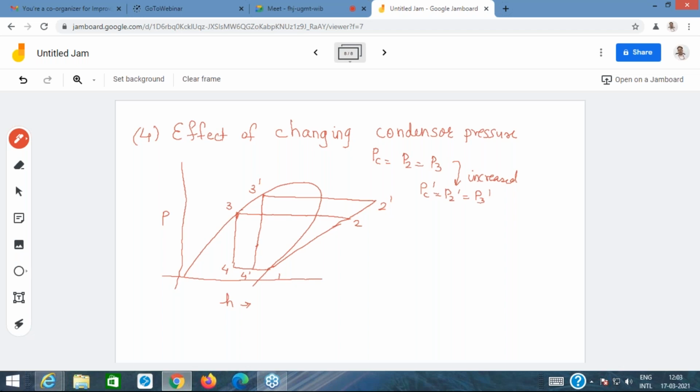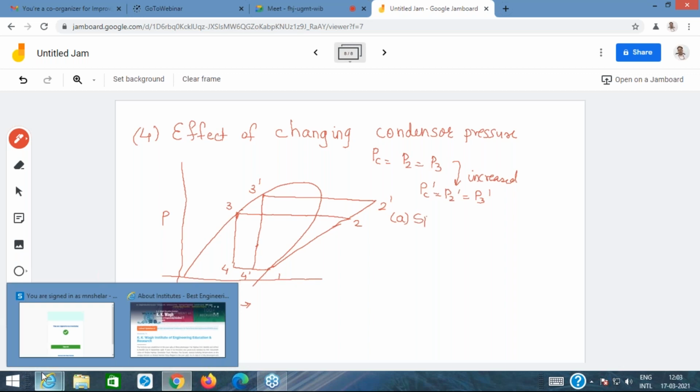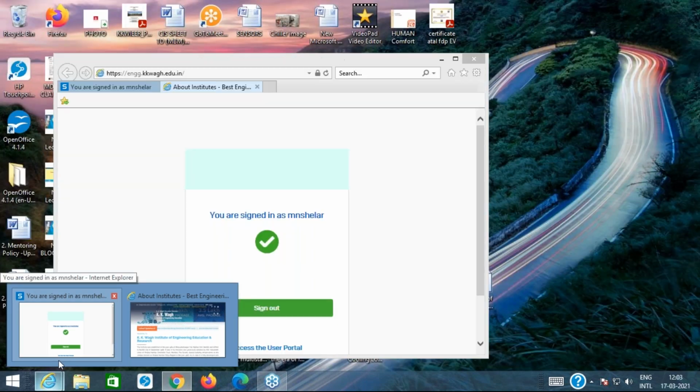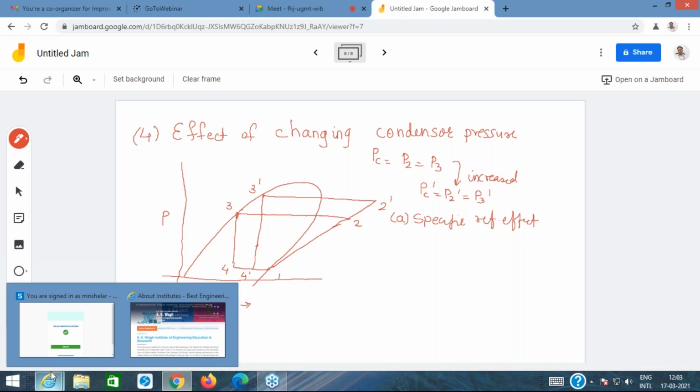Now, what is the effect of increasing the condenser pressure? From the thermodynamic perspective, let us concentrate on what happens to the specific refrigerating effect. What was the specific refrigerating effect earlier? It was H1 minus H4.